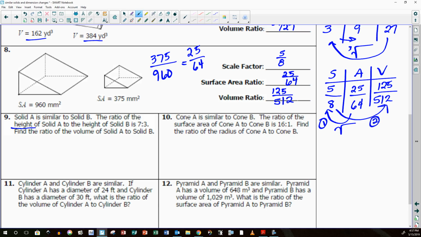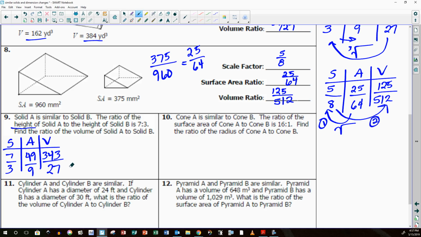So if I did SAB, this is why I was saying this table is super handy. They're saying that the height of solid A to the height of solid B is 7 to 3. So that means this would be 49 over 9. And this would be 7 cubed, which is 343, and 3 cubed, which is 27.